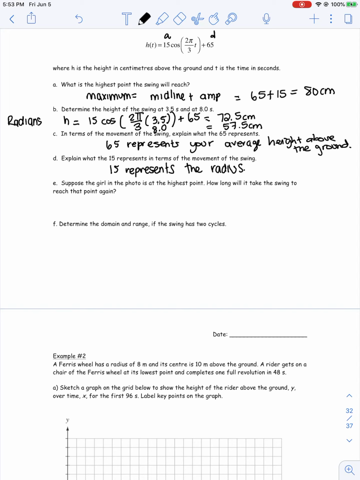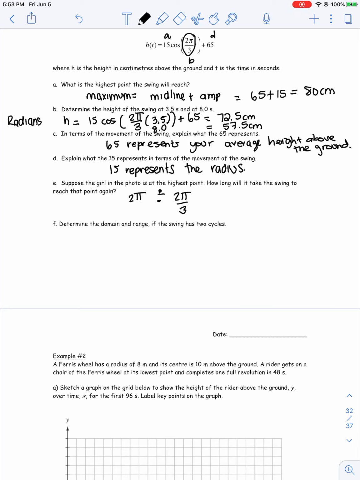Suppose the girl in the photo is at the highest point. How long will it take the swing to reach the point again? So this is where we can go and use our 2 pi, since we're in radians, divided by our B value. So we're going to have to divide this answer by what is in front of t, which is 2 pi over 3. So this is our B value right here.